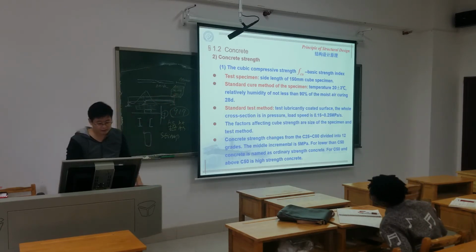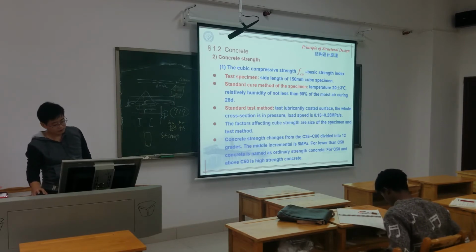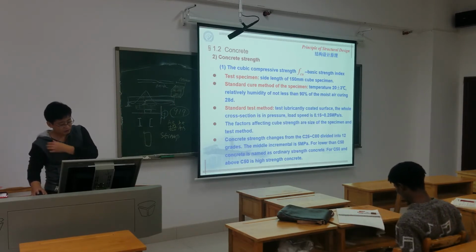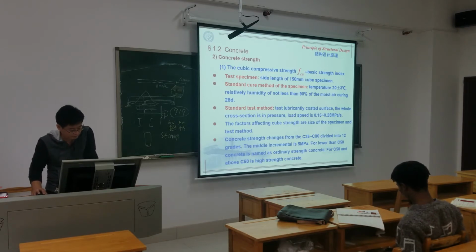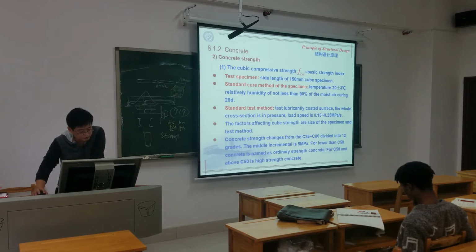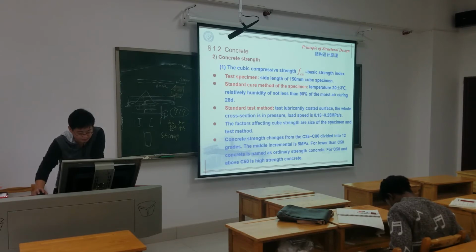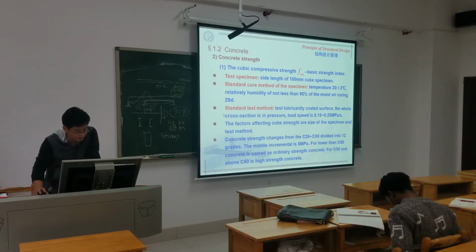So in the standard test method, the upper and lower surfaces are lubricated, and the whole cross section is under pressure. That's the main purpose of lubricating. The load speed is 0.15 or 0.25 megapascal per second. So that's the test method.